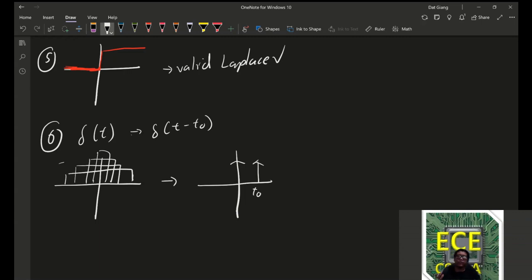So these are the 6 common Laplace transforms, and actually combinations of them are also valid. These are actually properties.